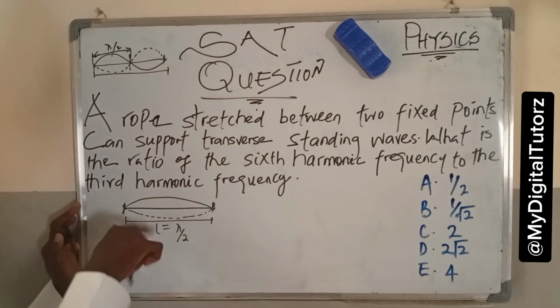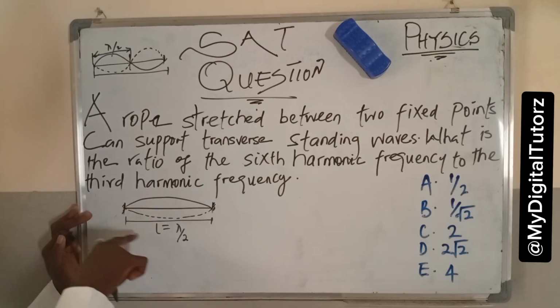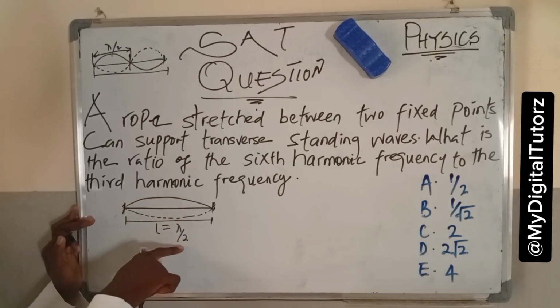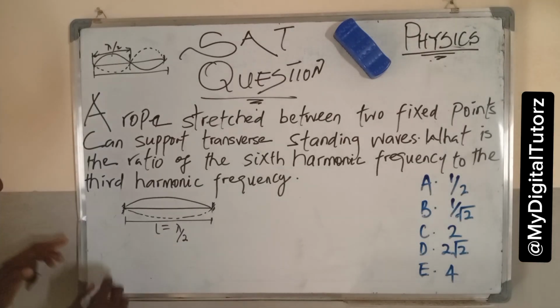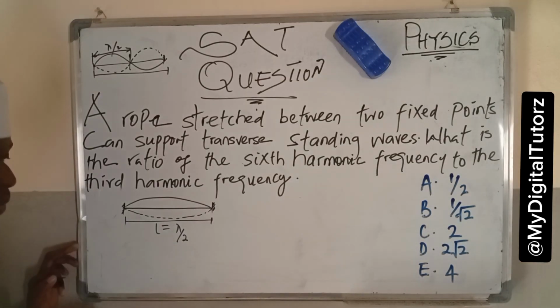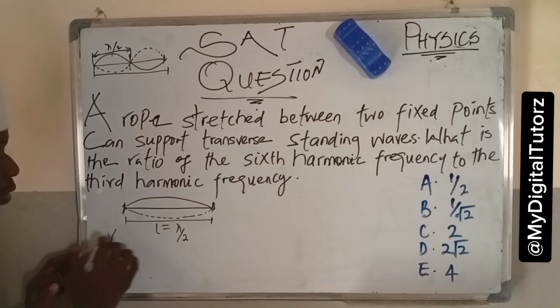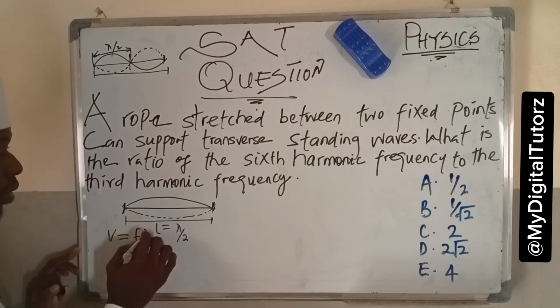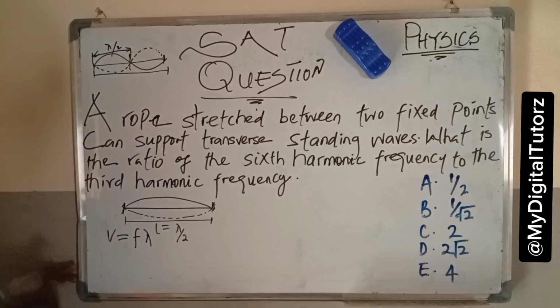So that's why I said the length of this, when it was plucked or disturbed, formed this single loop, which is equal to lambda over 2. From the fundamental formula for waves, we have V, the velocity of the wave, equal to f lambda, the frequency and the wavelength.